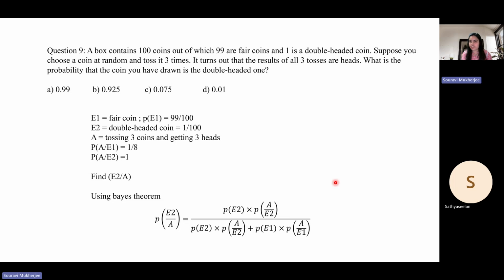There also, the ideas of conditional probability, Bayes theorem, and total probability are very important. If you now know all these values, you can just substitute to get the answer. So this would be your answer. Answer is C.